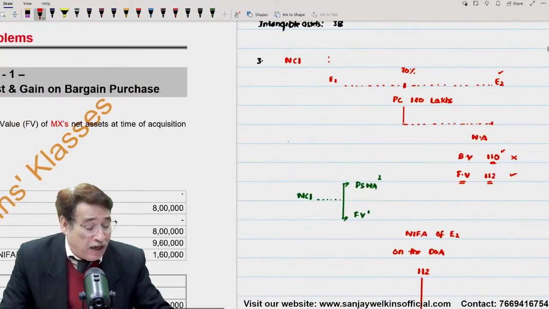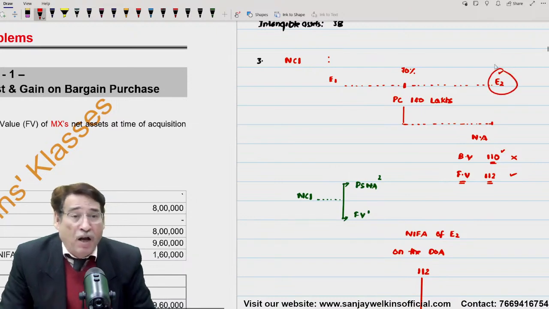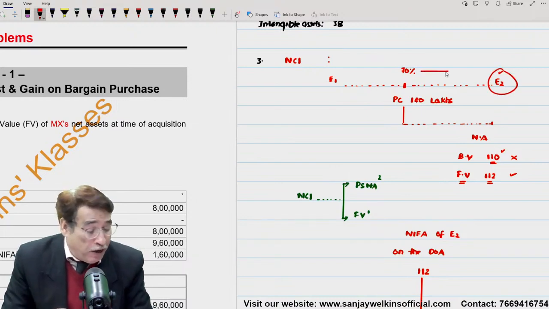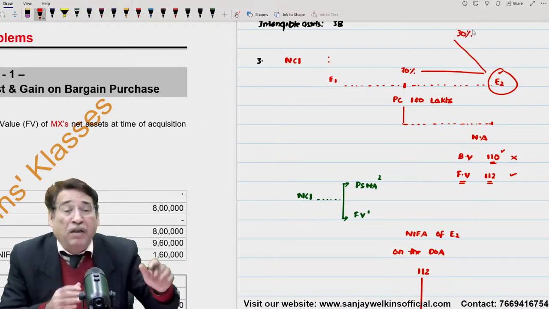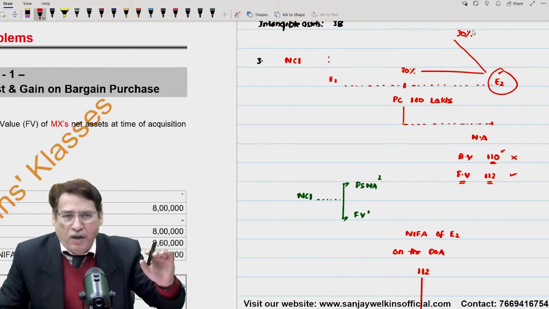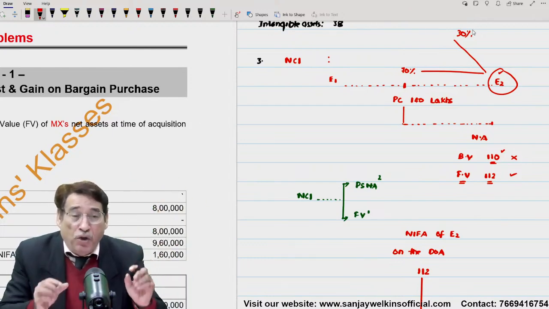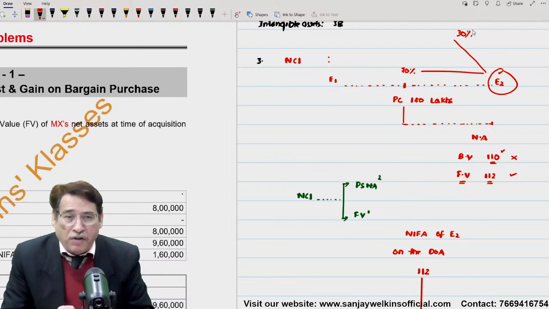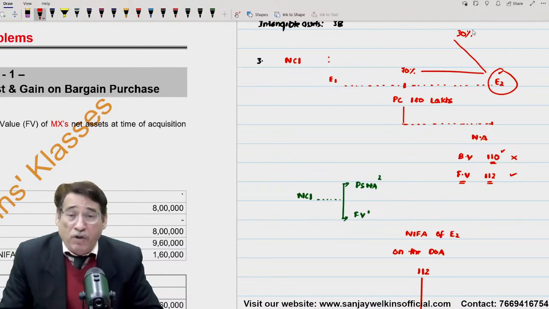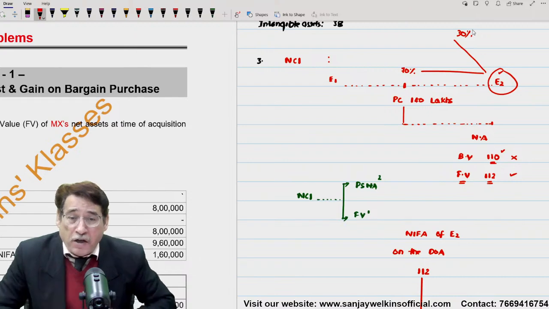See here, when we say NCI, what do we mean by that? Out of total share capital of E2, we have got 70% share. Quite obviously, it means 30% of the shares are in the hands of the other shareholders. Correct? And those other shareholders are known as non-controlling interest holders. Why are they known as non-controlling interest holders? Have you paid any attention to it ever?